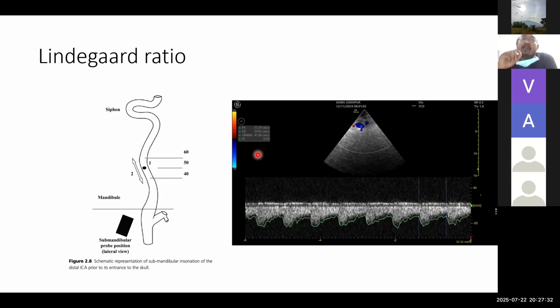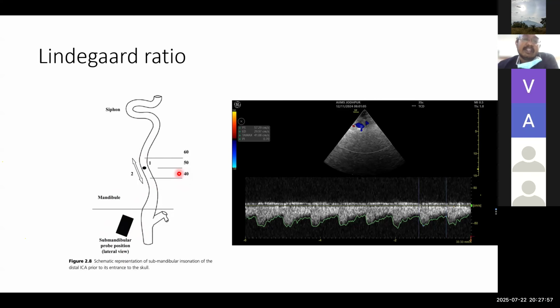Whereas what the literature says is you need to measure the velocities as near as possible to the intracranial circulation. That would be more valid. So here in the diagram, you can see that using a phased array probe, you need to insonate the extracranial internal carotid artery at around 50 mm depth.